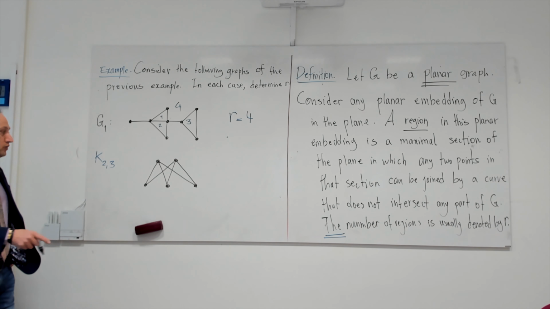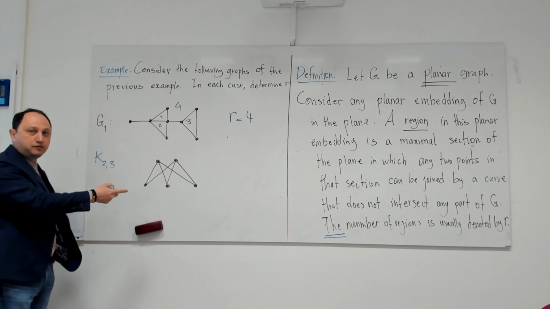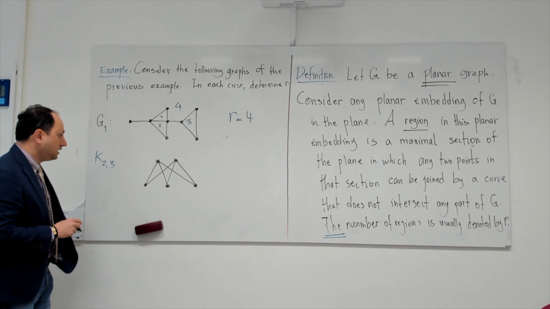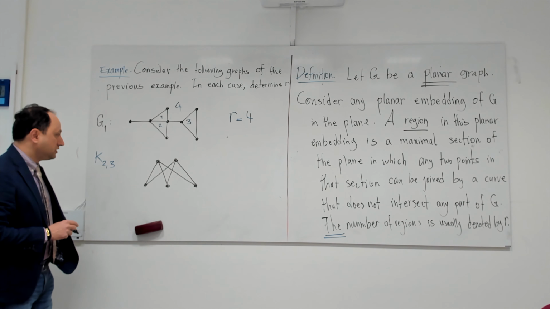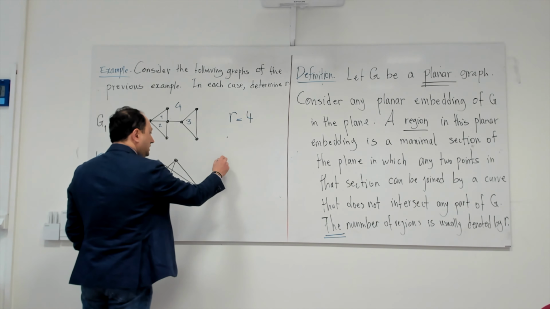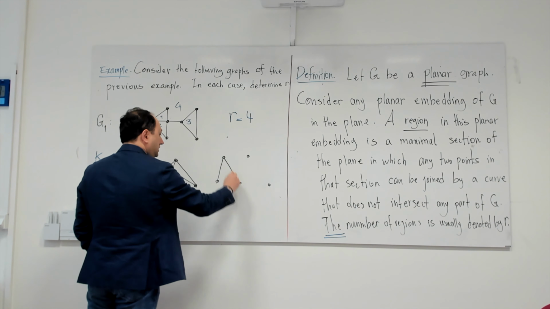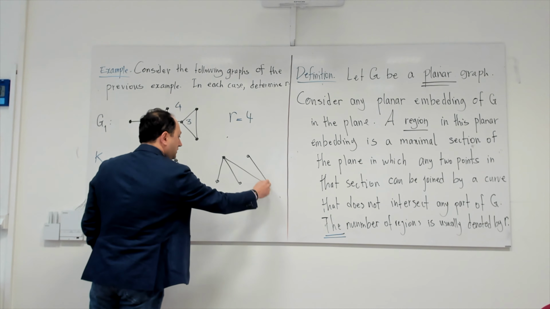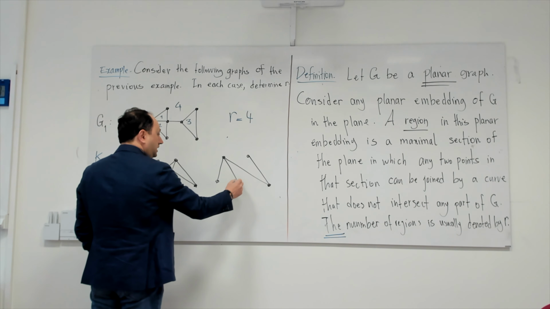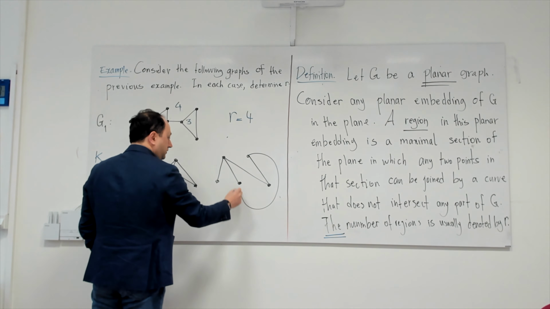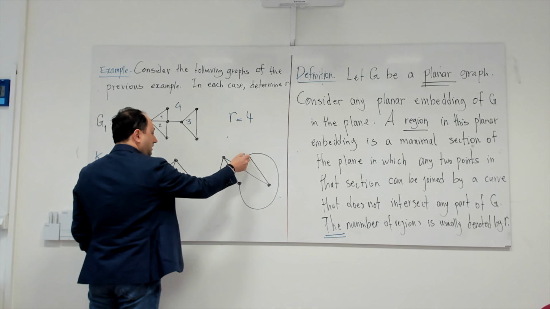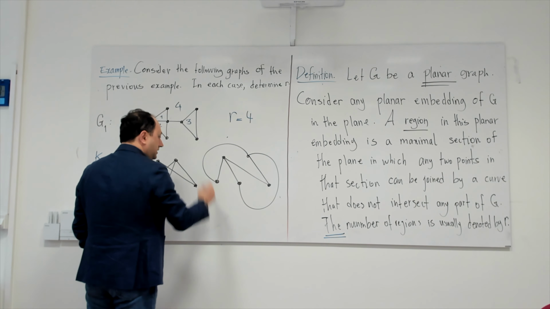So first of all, you need to redraw it in a planar form and then start counting the number of regions. So do you remember what we did? I think we did like this. So we connected these three as before, and then that was simple. And now I need to connect this one with that one.